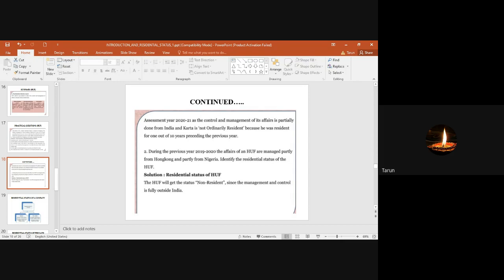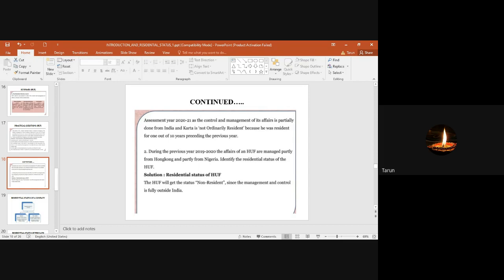I can't see it. So half the business is from one country, half from another country. The global income of that Hindu undivided family comes from two countries, Hong Kong and Nigeria. There is no mention of India at all. So it's automatically defined that the Hindu undivided family is a non-resident of India.